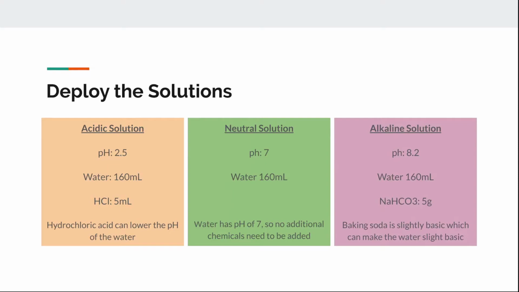The next solution is the neutral solution, which has a pH of 7. Since water is already neutral, you just add water in the water bottle. And the third solution is the alkaline, or basic, solution that has a pH of 8.2, and I used baking soda, or sodium bicarbonate, to change the water to slightly basic.